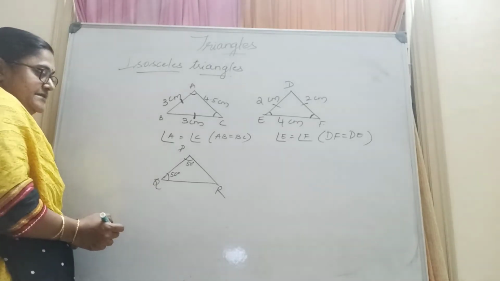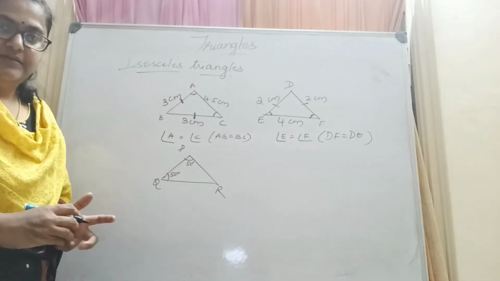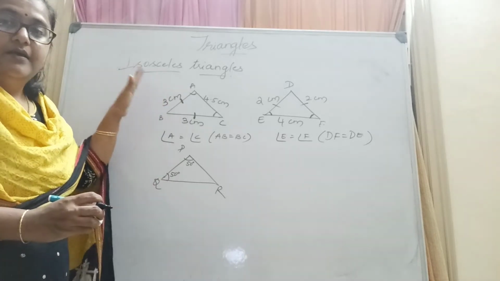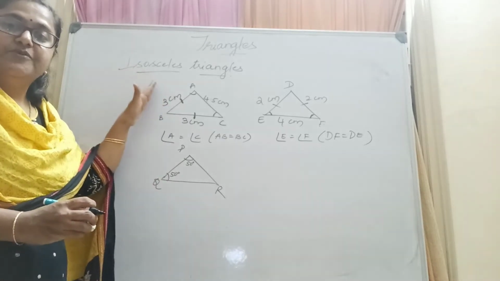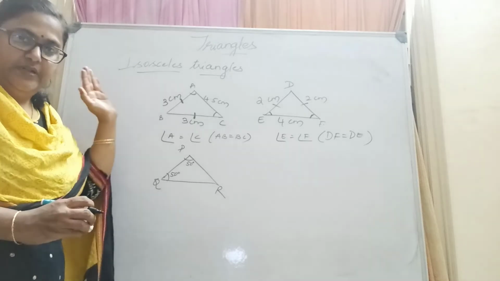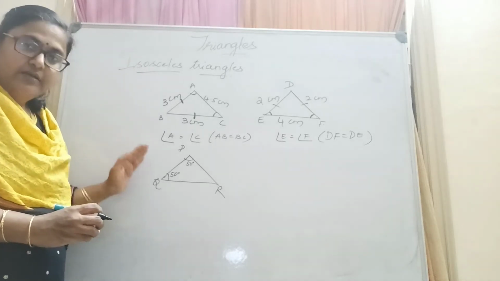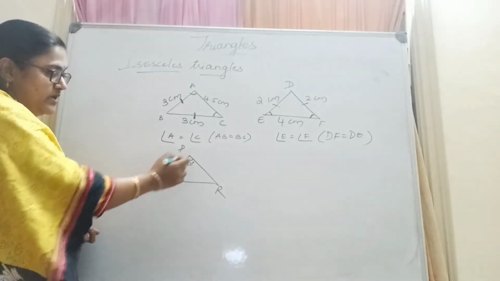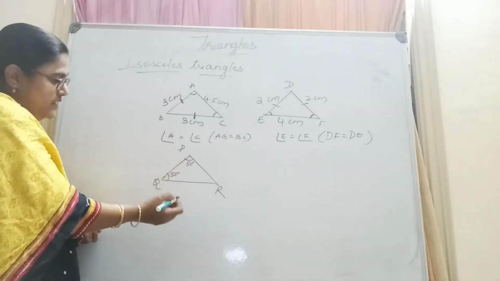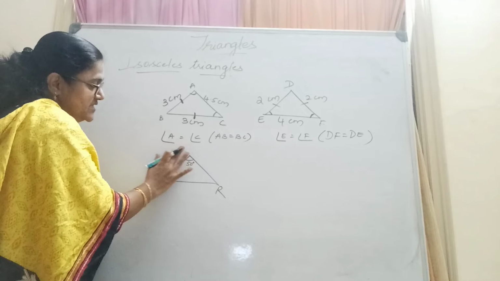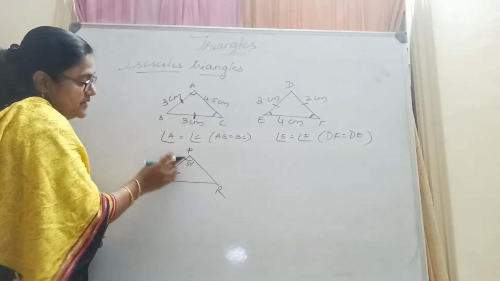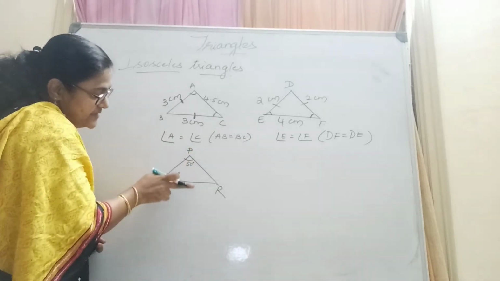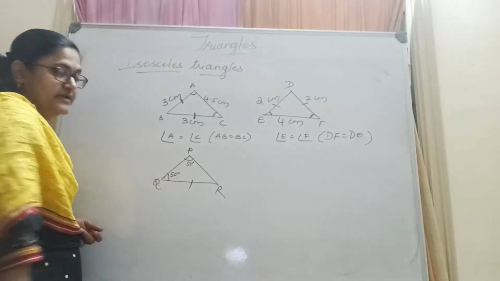Now, in this case, the converse is this: you learned that the angles opposite to equal sides are equal. Here you will learn that the sides opposite to equal angles are equal. Now, they have given me two equal angles, 50 and 50. Let me see which are the sides opposite to these angles. Opposite to this angle is side PR, that is QR.